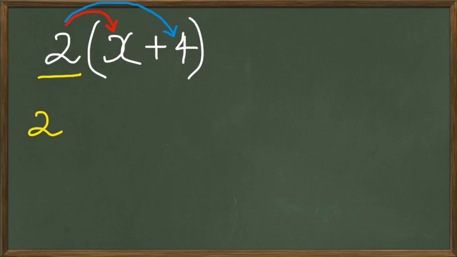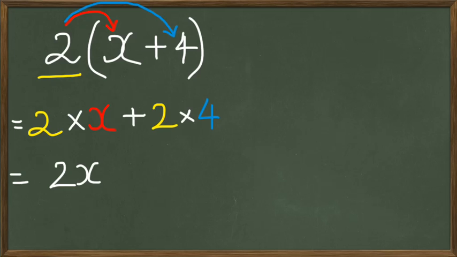So we're going to get 2 multiplied by x plus 2 multiplied by 4. And so our final answer is 2x plus 8.